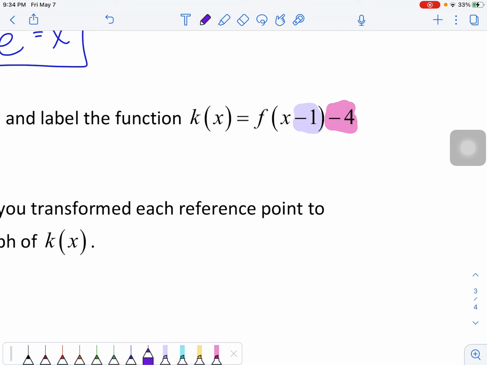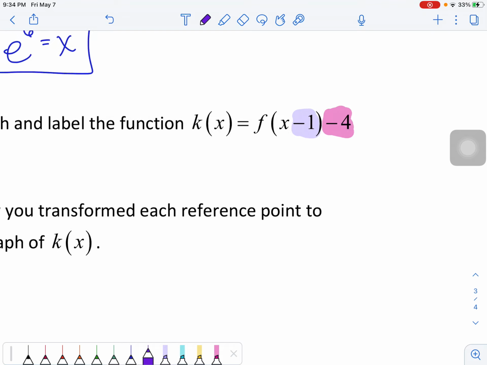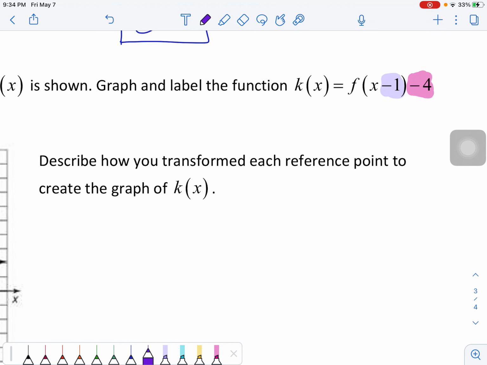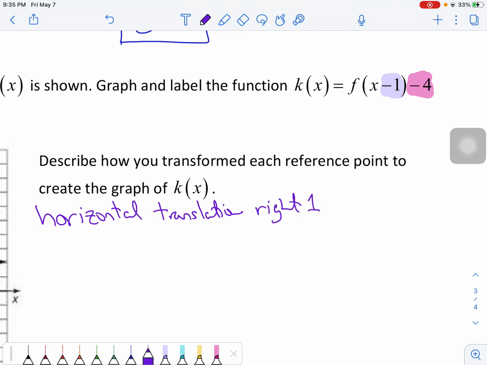So I'm actually going to do the transformation part first, and then I will use the transformations to draw the graph. So this little part in purple here, which is directly attached to x, that is a horizontal translation, and that's going to be to the right 1.